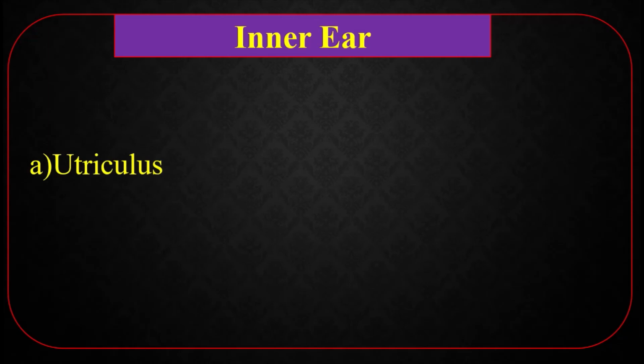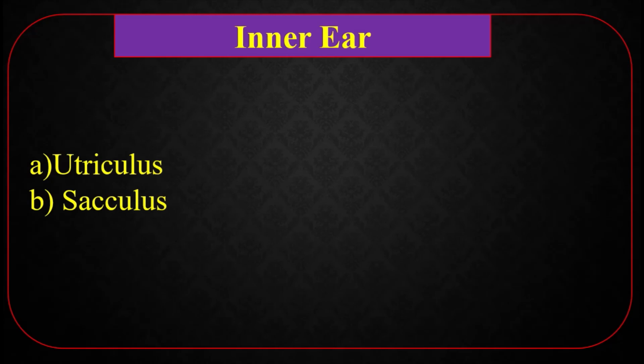Inner ear is formed by two parts, A utriculus, B sacculus. Utriculus. This chamber consists of three semicircular canals. Among these three canals, two are vertical and one is horizontal. They are covered with hair-like sensory nerves. These canals are filled with fluid.